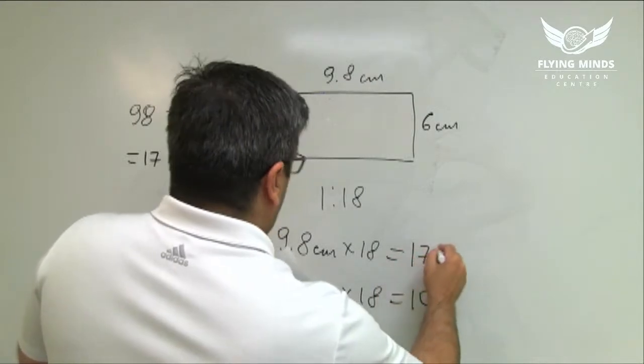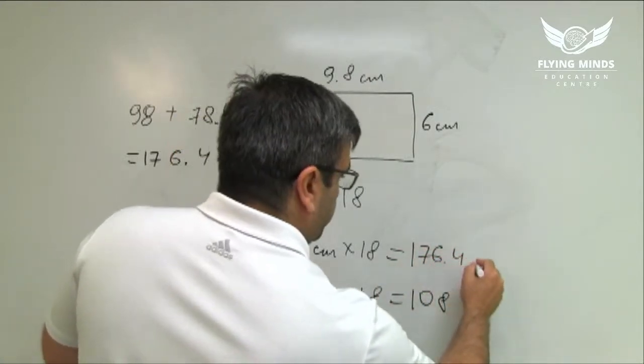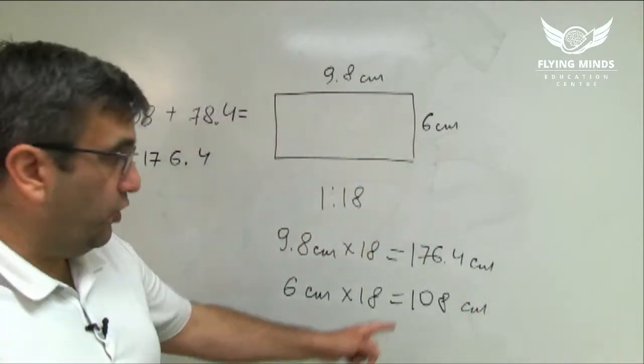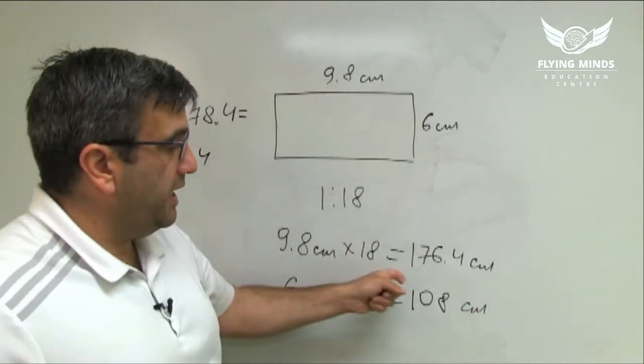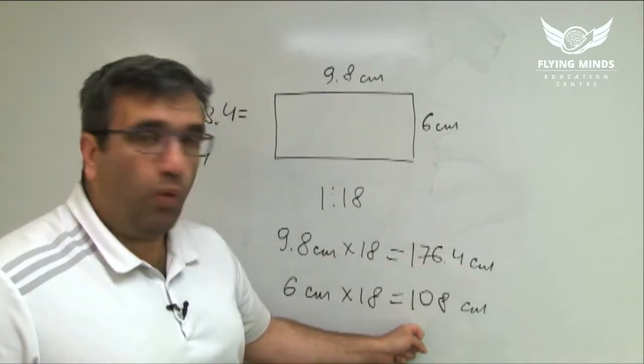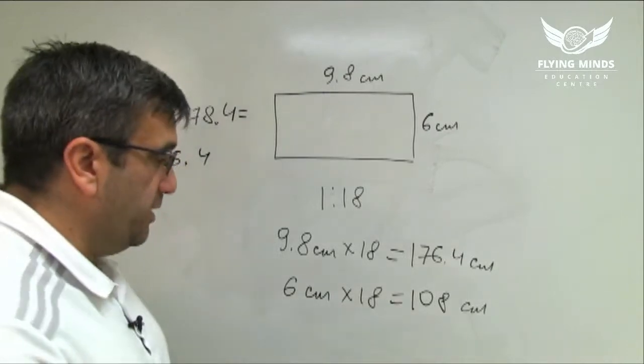So real dimensions of the window are 176.4 centimeters by 108 centimeters, right?